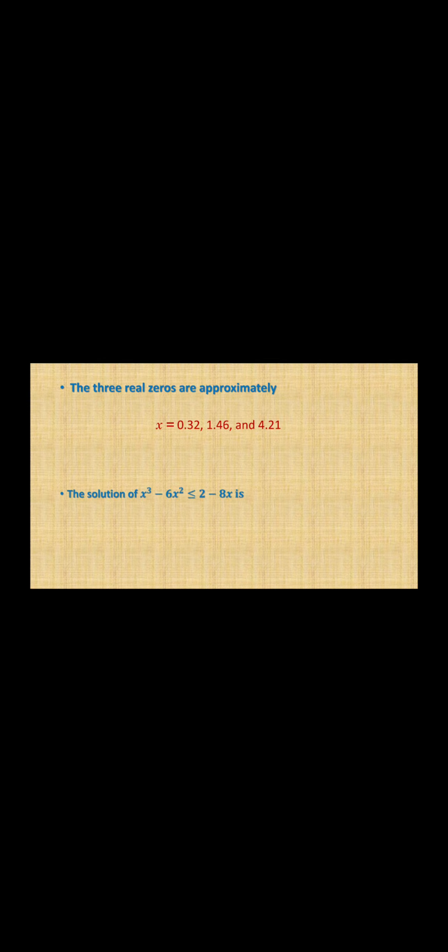And the solution of the given inequality, x cubed minus 6x squared less than or equal to 2 minus 8x, is negative infinity to 0.32, union the closed interval 1.46 to 4.21. We use closed intervals here because they represent the part where it's equal to 0.